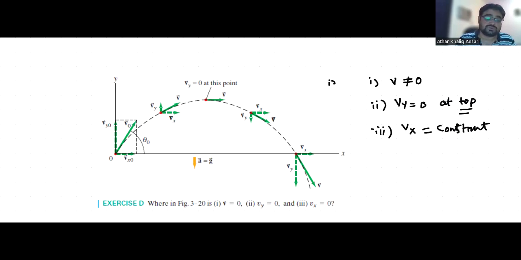Okay, so this is what I tried to explain here, and the same thing I am going to give you in another question that is a very interesting question. In this question, there is a girl who is trying to throw an apple upward, and she is moving horizontally. The figure, which I will try to show you, you can easily see.